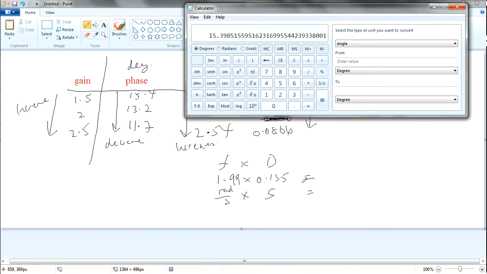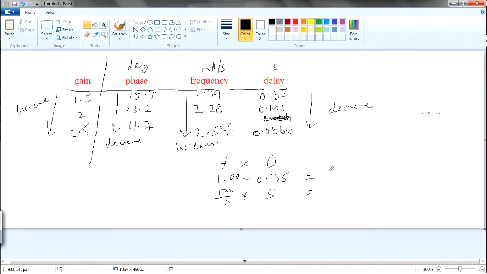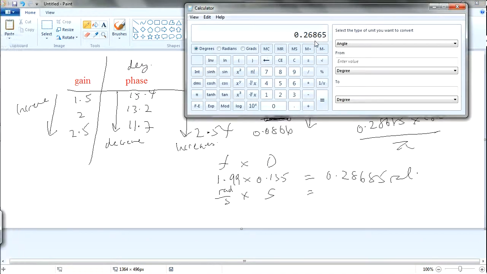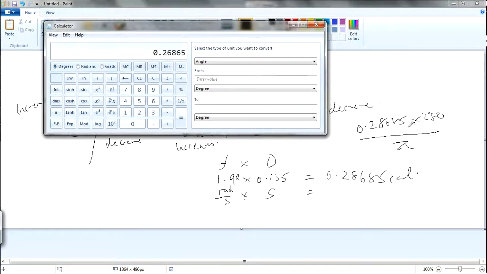So simply, 1.99, I repeat again, it's 0.26865 radian. If you convert, 0.26865 times 180 degrees divided by 3.142, which is pi, you have 15.394.